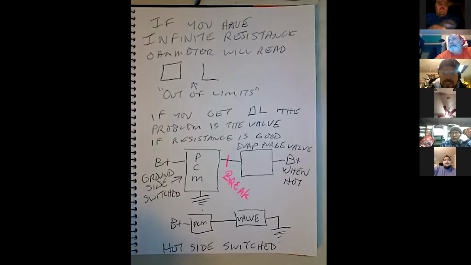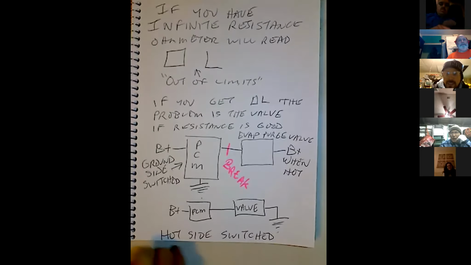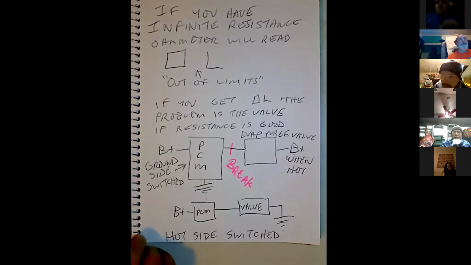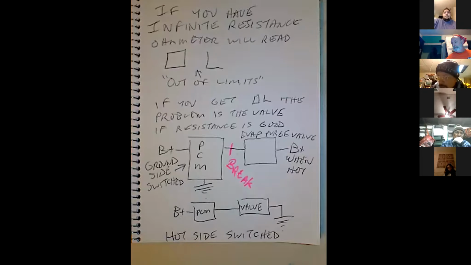Mr. Rollcliffe, can you move your booklet up a little bit so you can see the bottom? Ah, okay, hot side switch. What does the schematic say? Is there a ground to the gas tank? Or is the schematic going to show where the grounds are at?